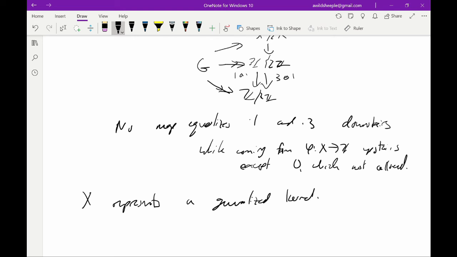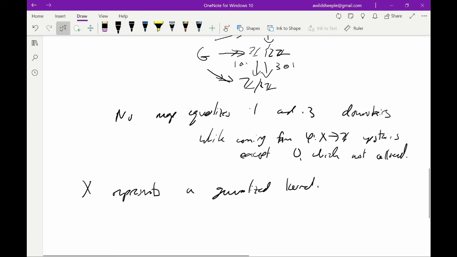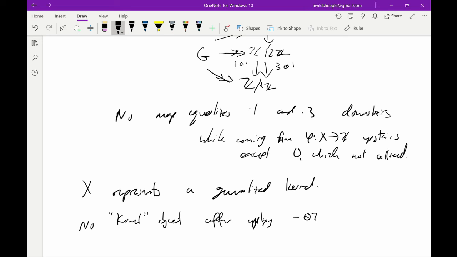In other words, that kernel is being destroyed. And so that's the sense in which the exactness condition that we're familiar with is lost.